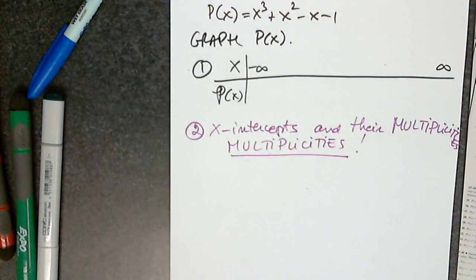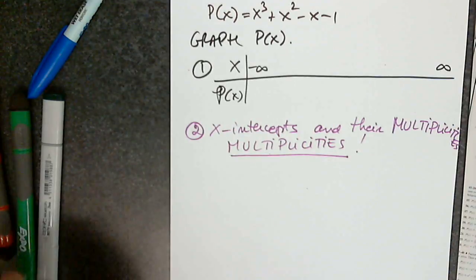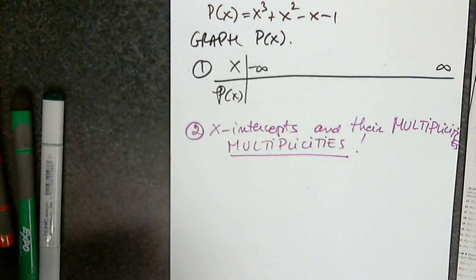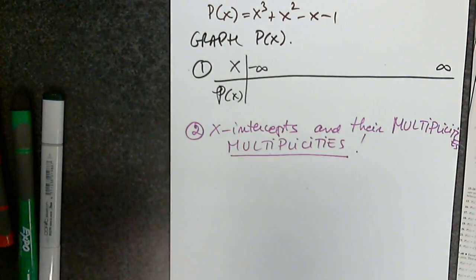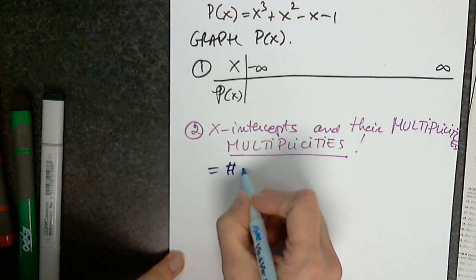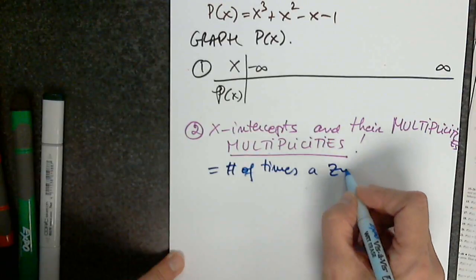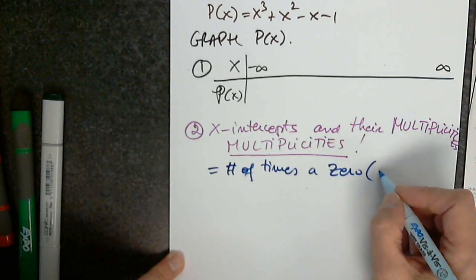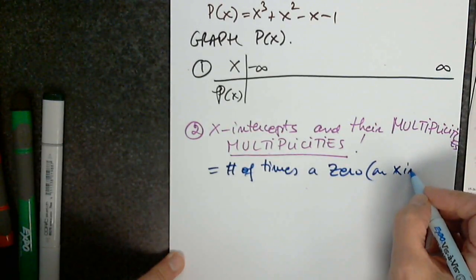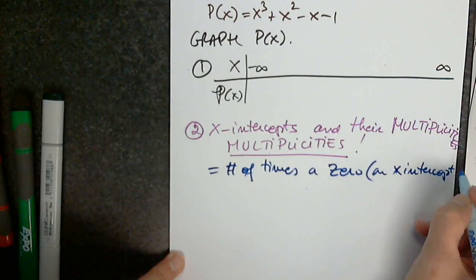Multiplicity. The multiplicity is the number of times that a particular zero or x-intercept appears.